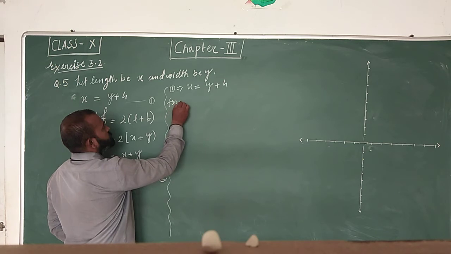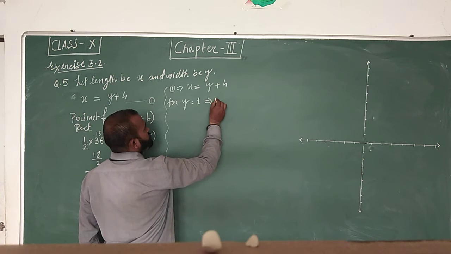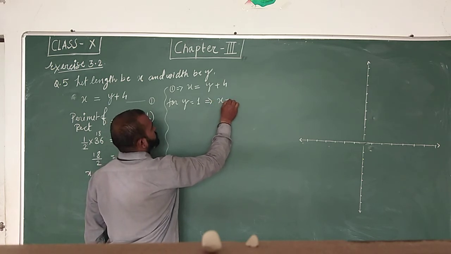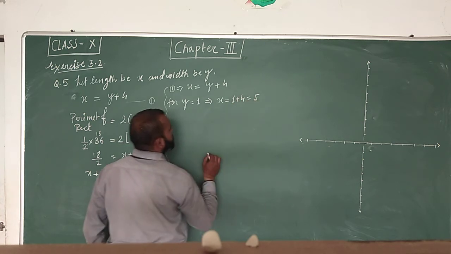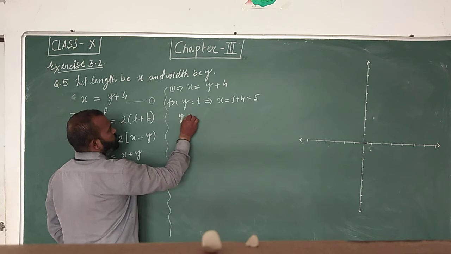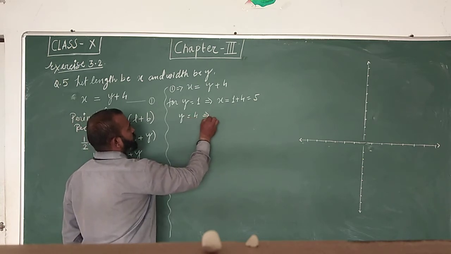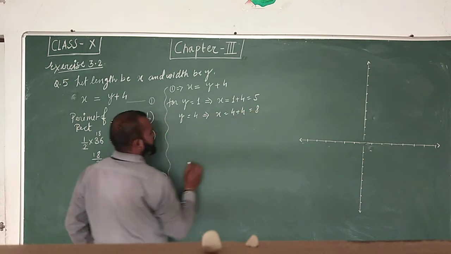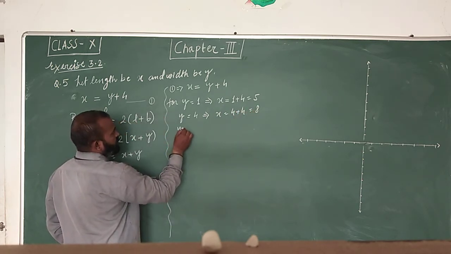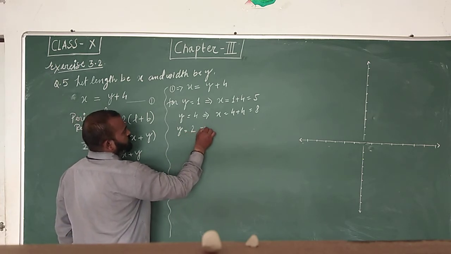For y is equals to 1, what is x? X will be equals to 1 plus 4, that is equals to 5. For y is equals to, suppose 4. क्या आएगा फिर? x is equals to 4 plus 4, that is equals to 8. y is equals to, suppose 2. What will come?